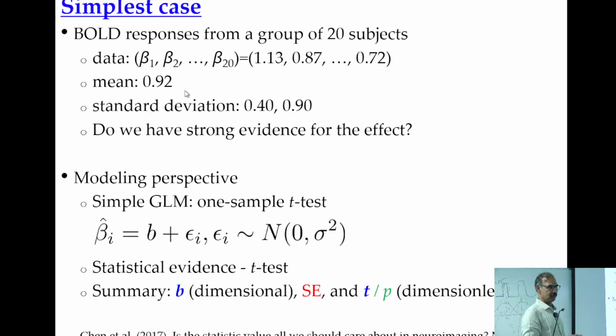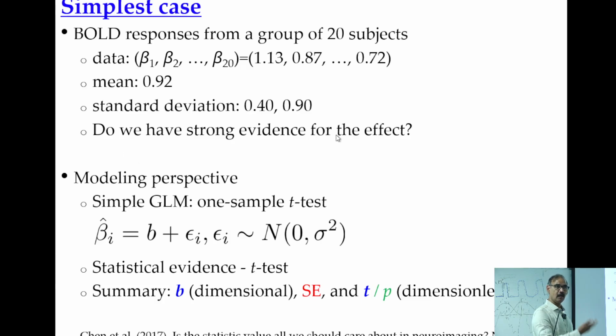In one group that I did with 20 subjects, the standard deviation is 0.4. I repeated the same study in another group, and the standard deviation was 0.90. Do we have a strong evidence for that effect?